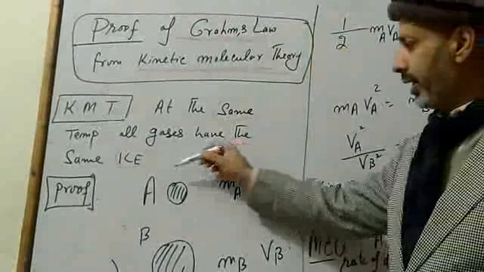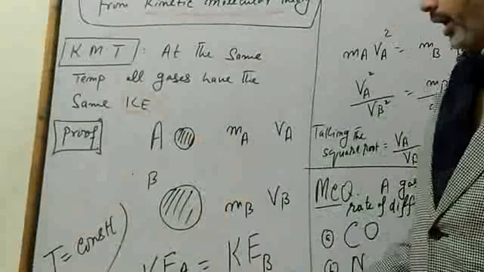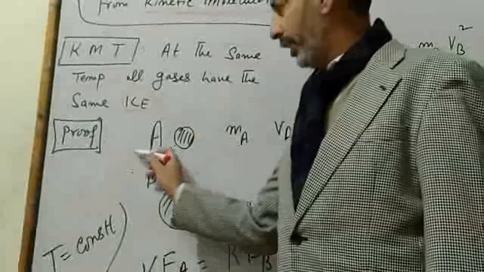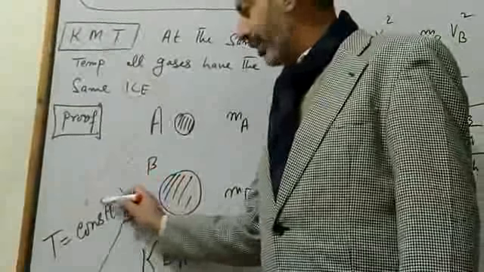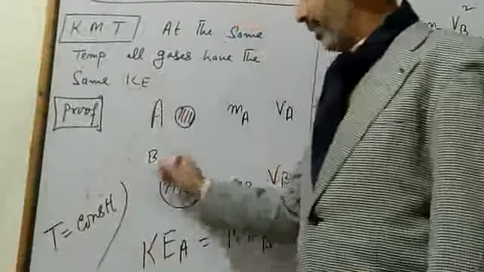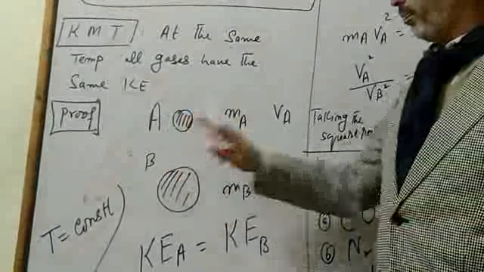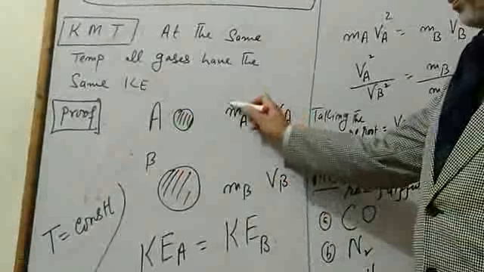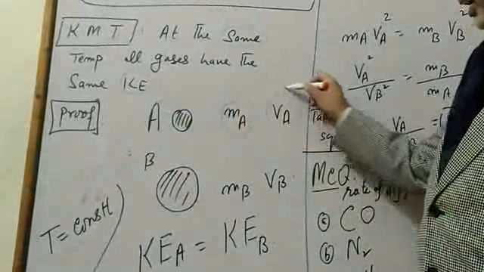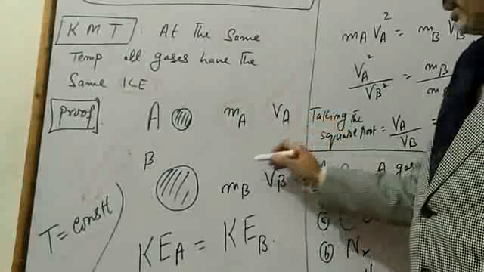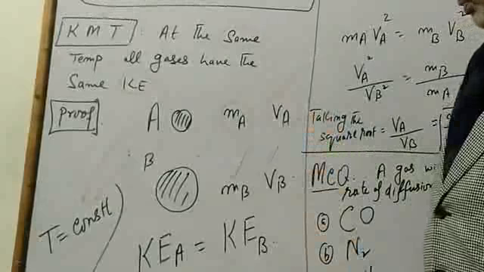Again, let's consider a gas A and gas B. And let's say that both the gases are taken at a constant temperature. That is, the temperature is constant for both gas A and gas B. The mass of gas A is ma, its velocity is va, and mass of gas B is mb, and its velocity is vb.